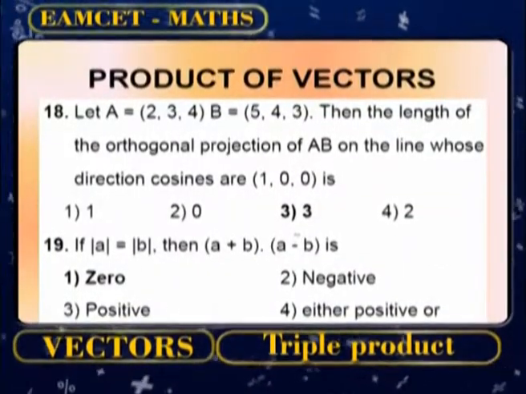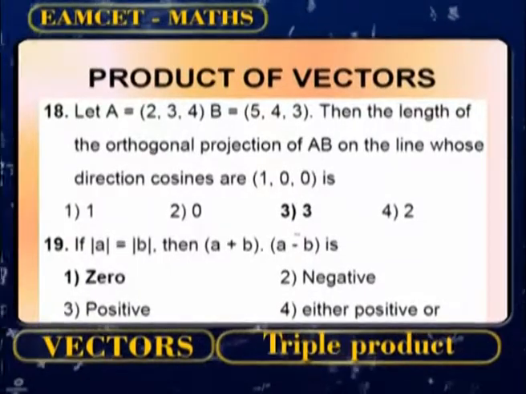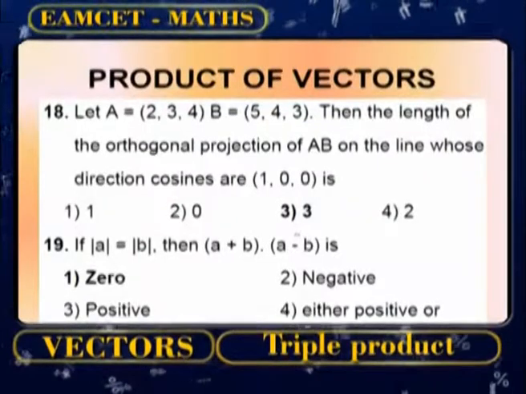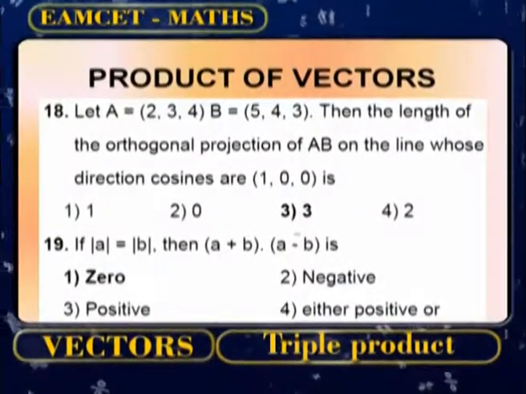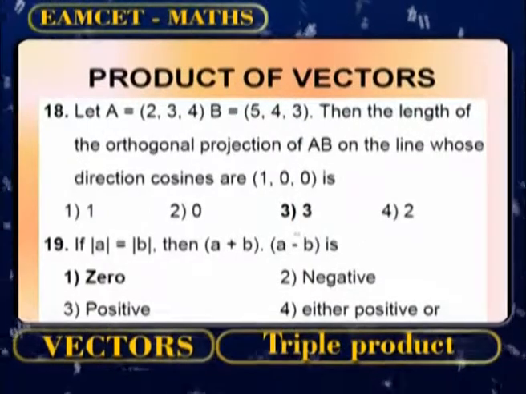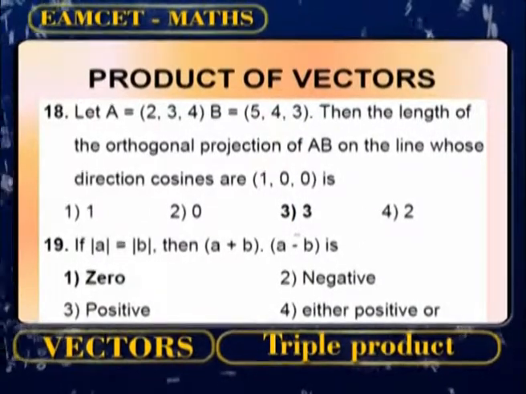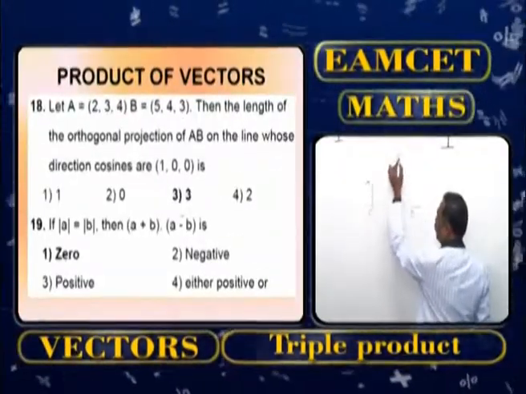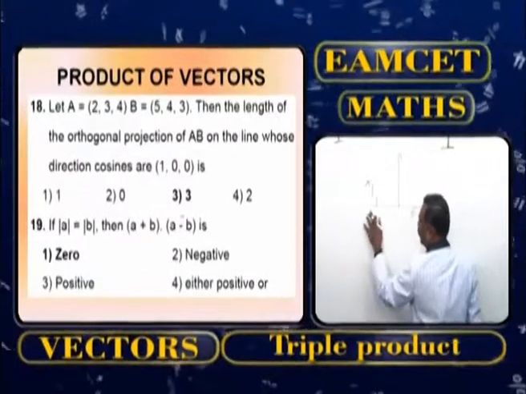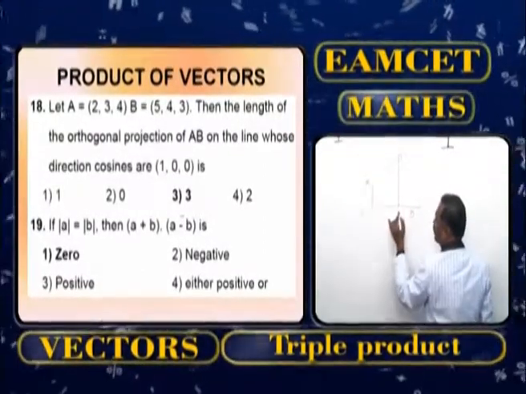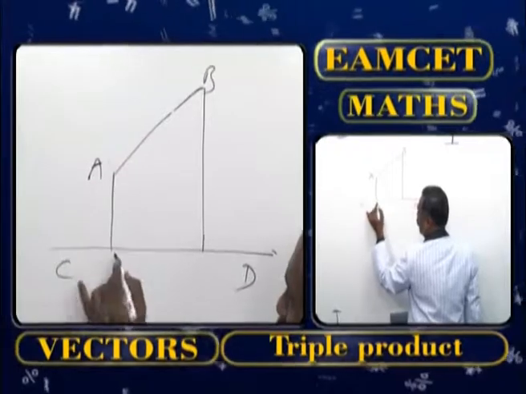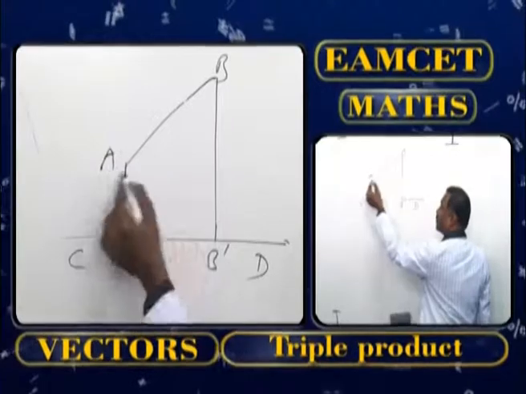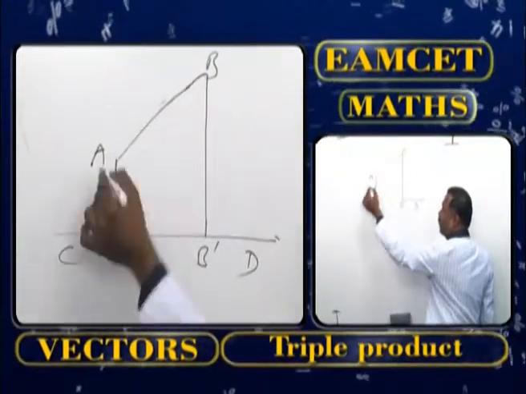A is (2, 3, 4), B is (5, 4, 3). Then find the length of the orthogonal projection of AB bar on the line whose direction cosines are 1, 0, 0. This is an important concept. Whenever you take a vector AB and another vector CD, if you drop a perpendicular from A onto CD and from B onto CD, and these meet at A dash and B dash, then A dash B dash is the orthogonal projection of AB on CD.